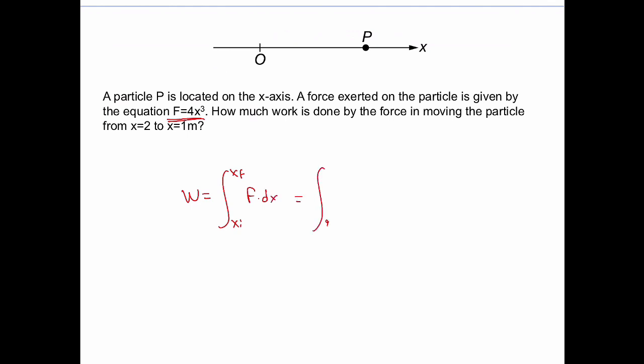The initial position is 2, the final position is 1, so the integral of 4 times x to the power of 3 dx, and all we need to do is enter this in the calculator. I believe this will be a negative work, and this is minus 15 joules.